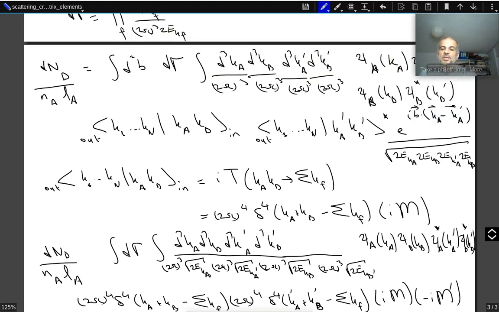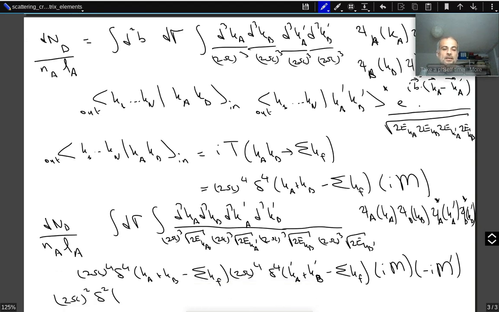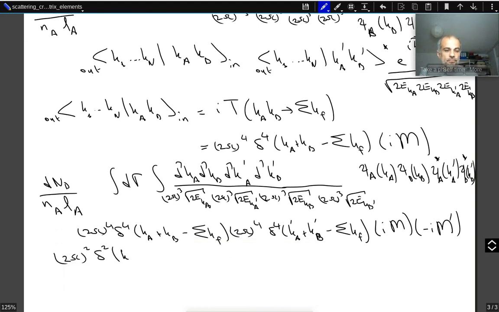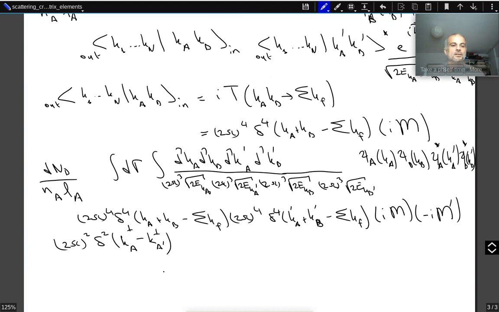This Dirac delta will make sure that the components perpendicular to the z direction of ka and ka prime should be equal. So this is the number of particles that will be hitting my target. And now let's try to evaluate these integrals.